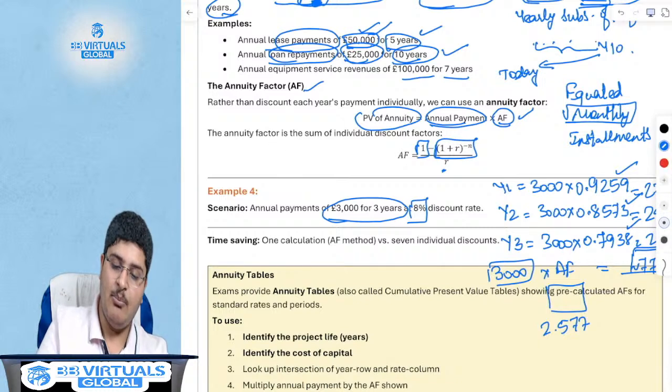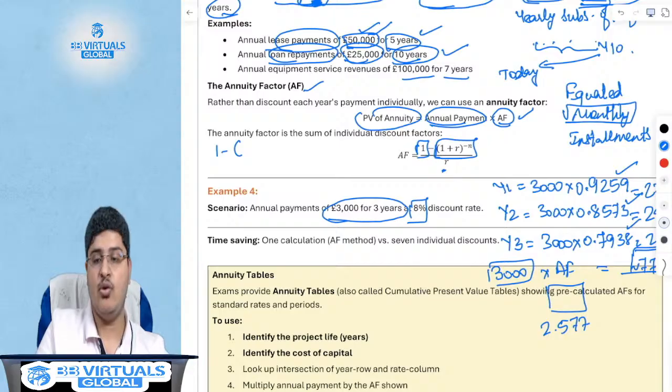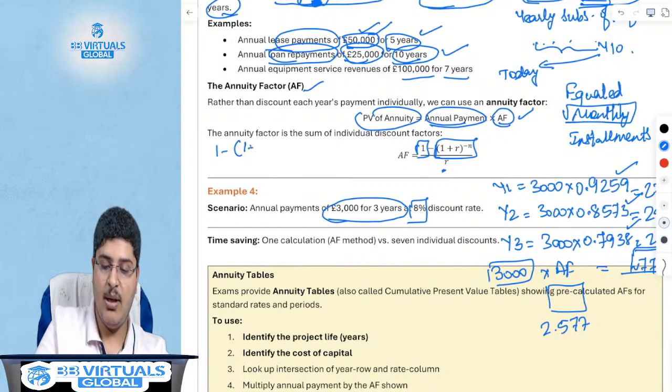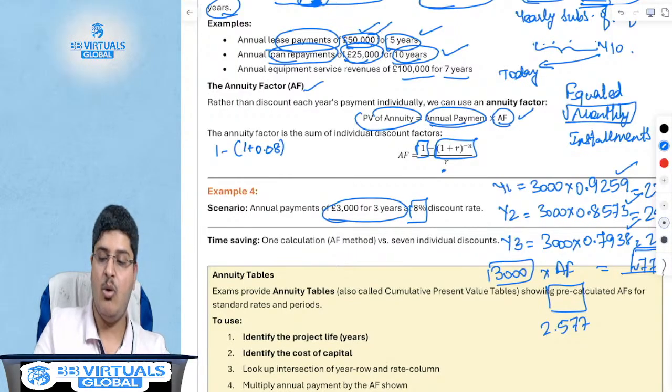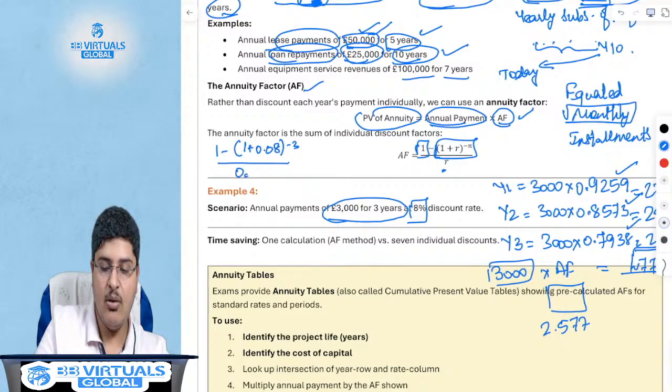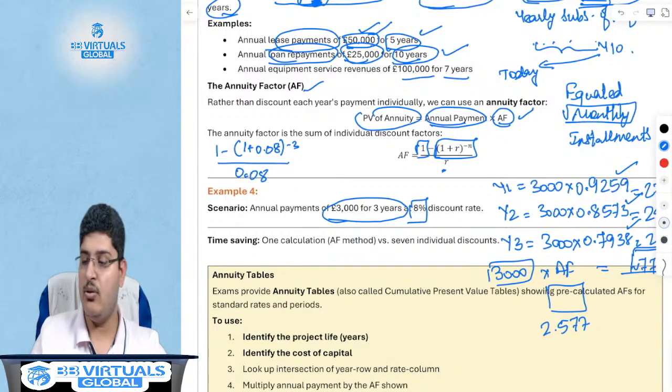So in our example, if we were to do the same math, what is 1 minus (1 plus r) raised to minus n? R was 8%, so 0.08. N was 3 years. And the whole thing is divided by 0.08.